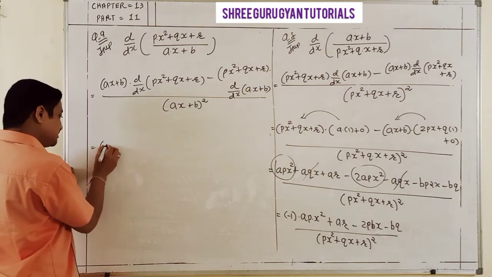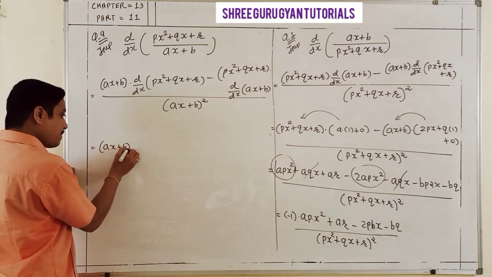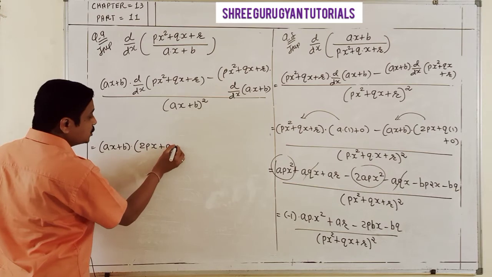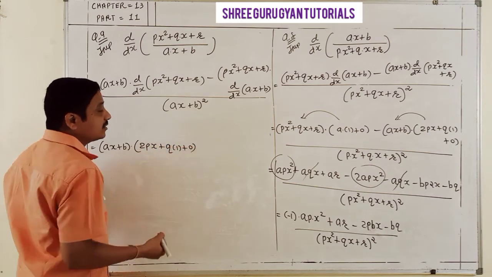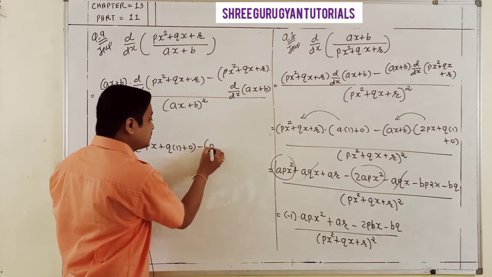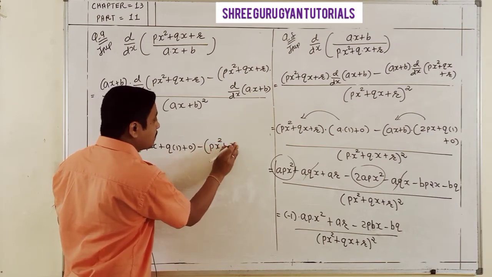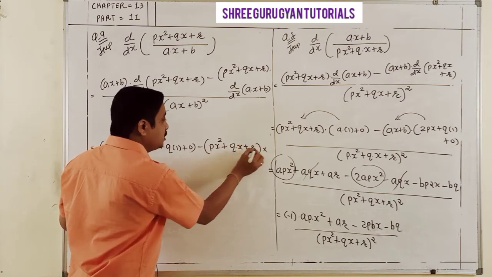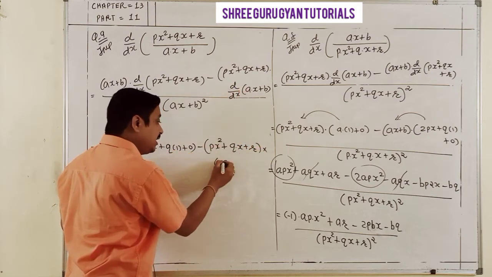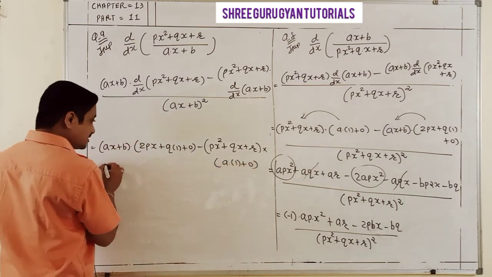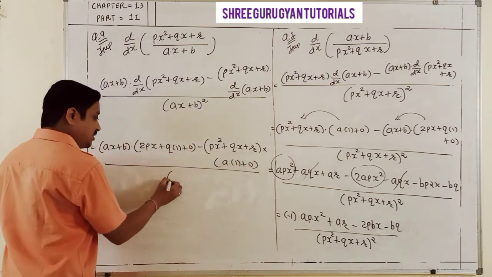So ax plus b stays the same here. The derivative of the numerator px squared plus qx plus r is 2px plus q, times (ax plus b), minus (px squared plus qx plus r) into the derivative of ax plus b, which is a, since the derivative of b is 0 as a constant, and upon, as usual, the denominator squared.